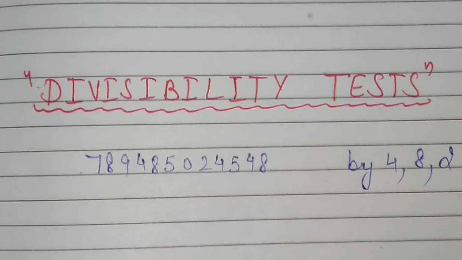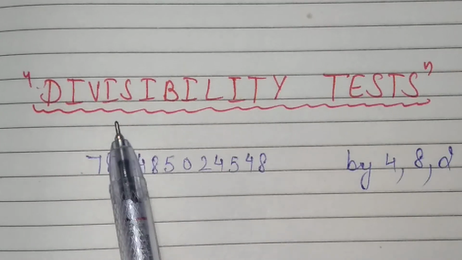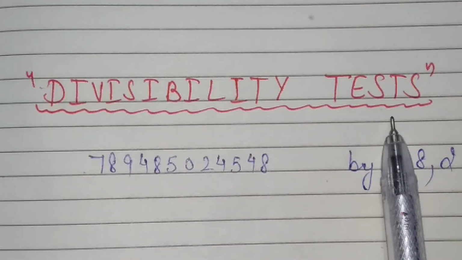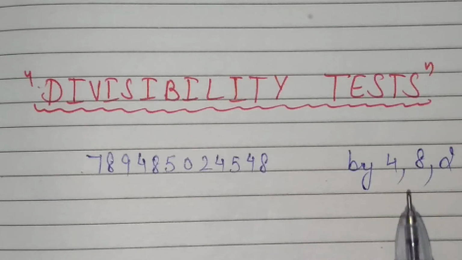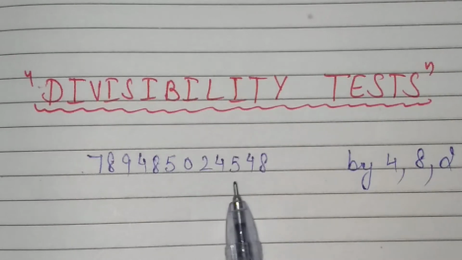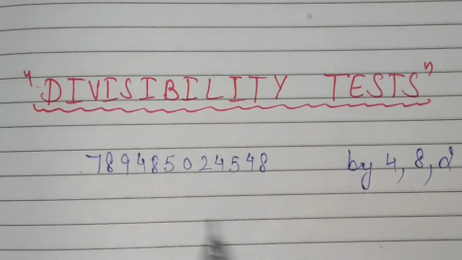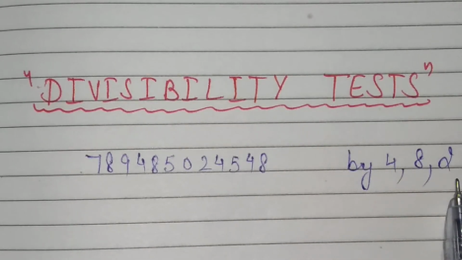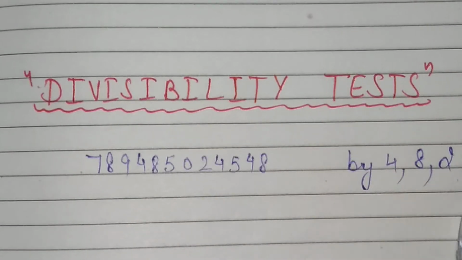To avoid these problems, there is actually a solution, that is divisibility tests. Using these tests, within seconds you can give answers whether this number is divisible by 4 or by 8 or by 2. So let us understand how to check divisibility by any number.